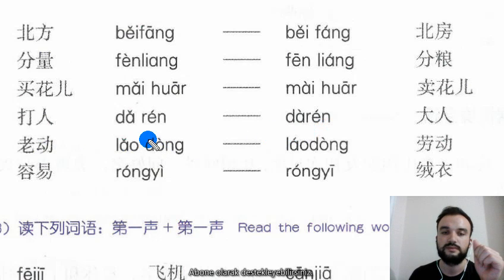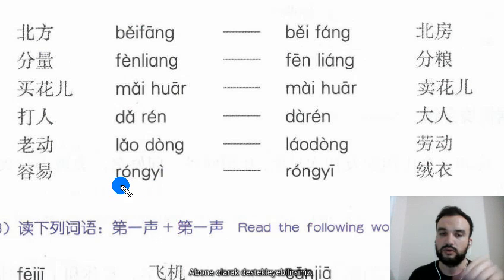Like this. And third tone and fourth tone, we have half third tone. La dong, la dong, la dong. Here second tone and fourth tone, we don't have a rule. La dong, la dong, la dong.